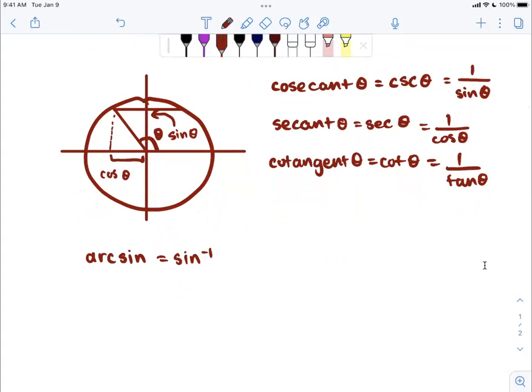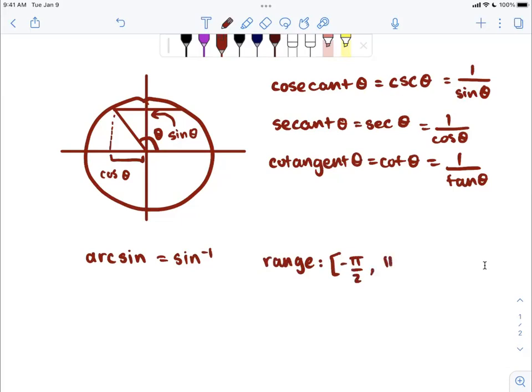Now you want to be careful here because sine, cosine, and tangent are not injective functions. So even if you have a value for sine theta, there isn't only one value of theta that could have had that same sine. So it's going to spit out a value in a certain range. It's the unique value in that range, but it's not the only value of theta that'll give that value of sine. So the range of arc sine is going to be between -π/2 and π/2.